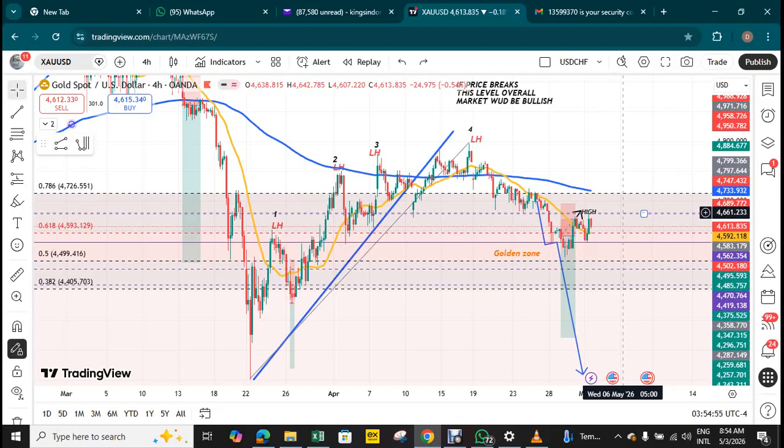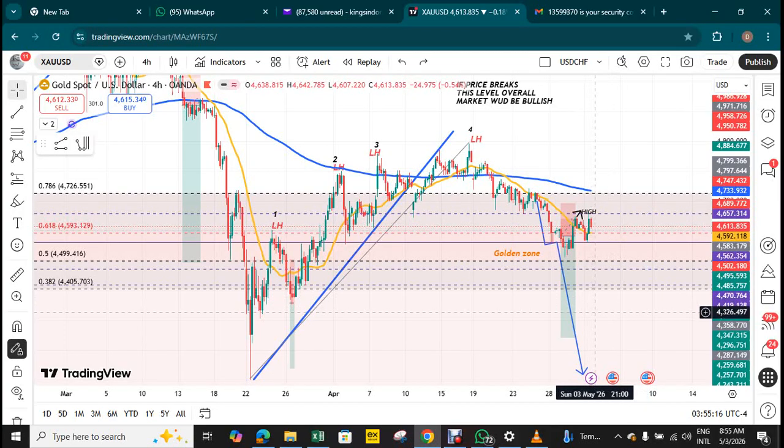There's a way we can find entries inside a valid setup, a structure which we took a setup from. We can also look for an entry inside. I'm going to explain that on the chart so that we can really get the full picture of it. So I'm going to go into it now, so stay with me so we can learn together.